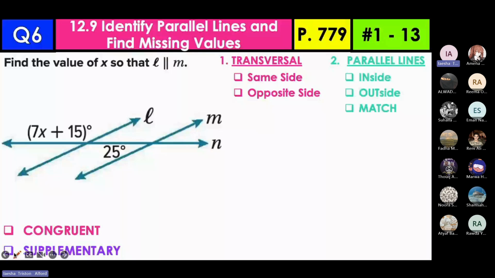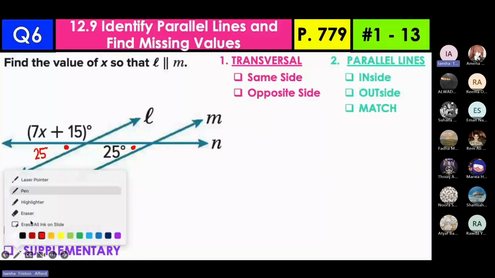If you run into one that doesn't have a name, you need to find where the corresponding angle is. This one is 25. So how much should be this one? It is matching, correct? So this should be 25 here. Once you put the match, you should be able to write another equation.